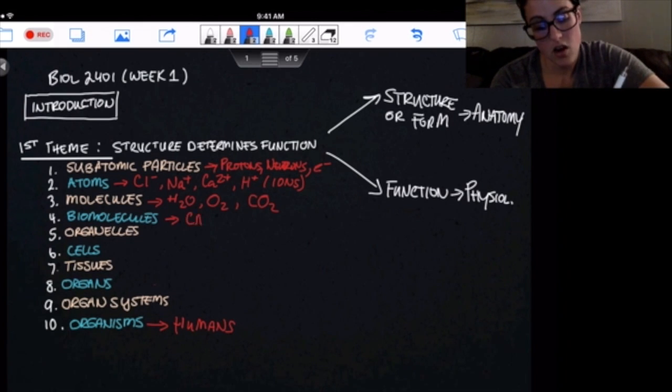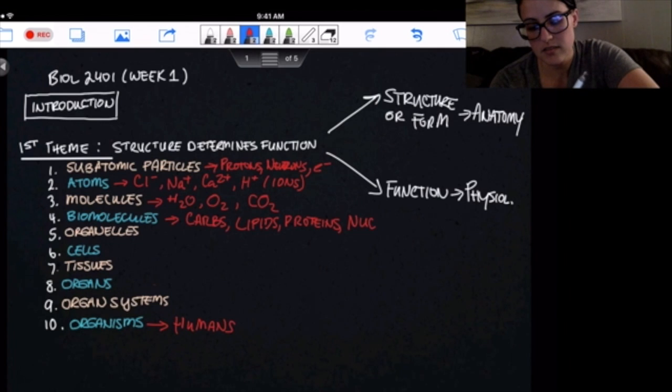And these are carbs, sugars, and other ones are lipids. These are our fats, proteins, and nucleic acids. Nucleic acids. These are our DNA and our RNA, the building blocks of life.